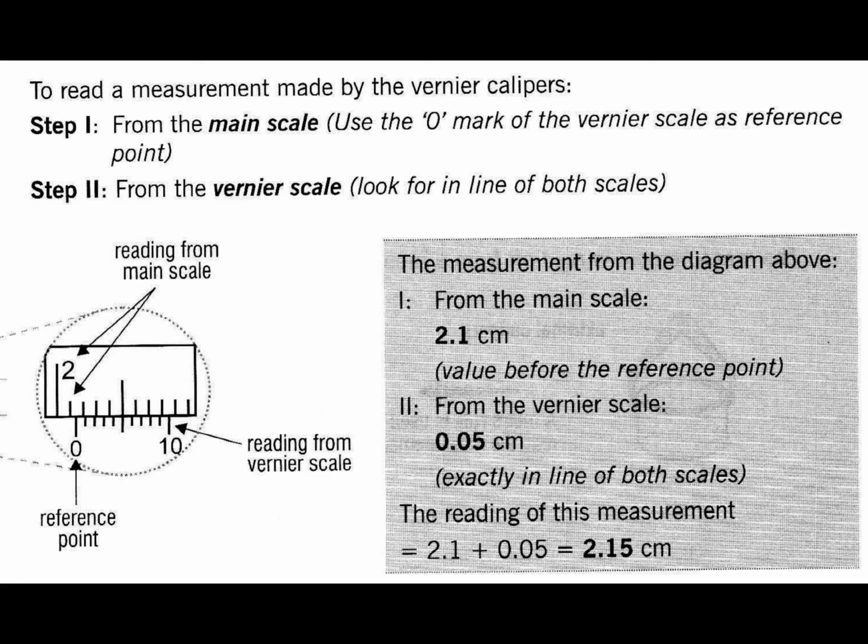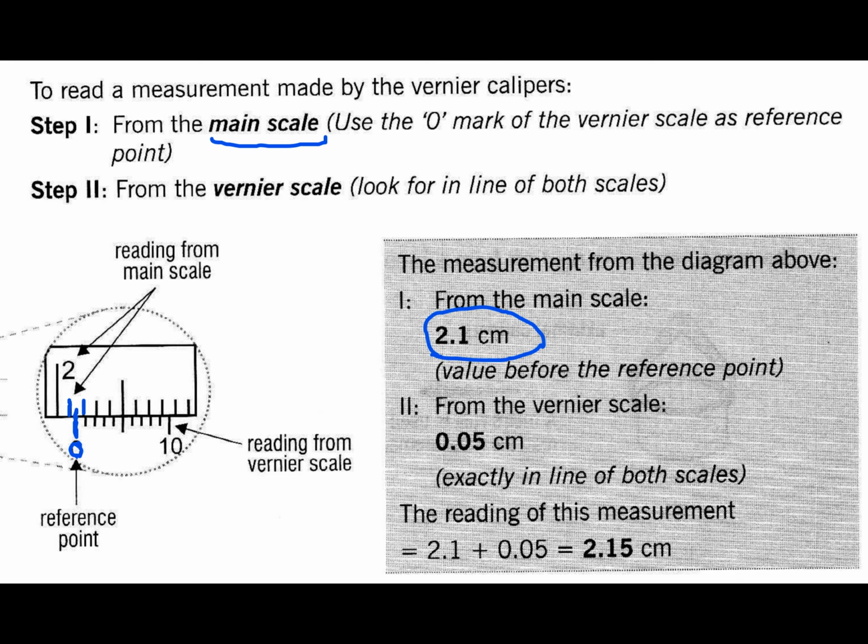Now first, we read the main scale. The main scale reading is given by the vernier 0. Now the vernier 0 lies somewhere between this marking and this marking. So it lies between 2.1 and 2.2 centimeters. So it must be 2.1 something centimeters, a little bit more than 2.1 centimeters.